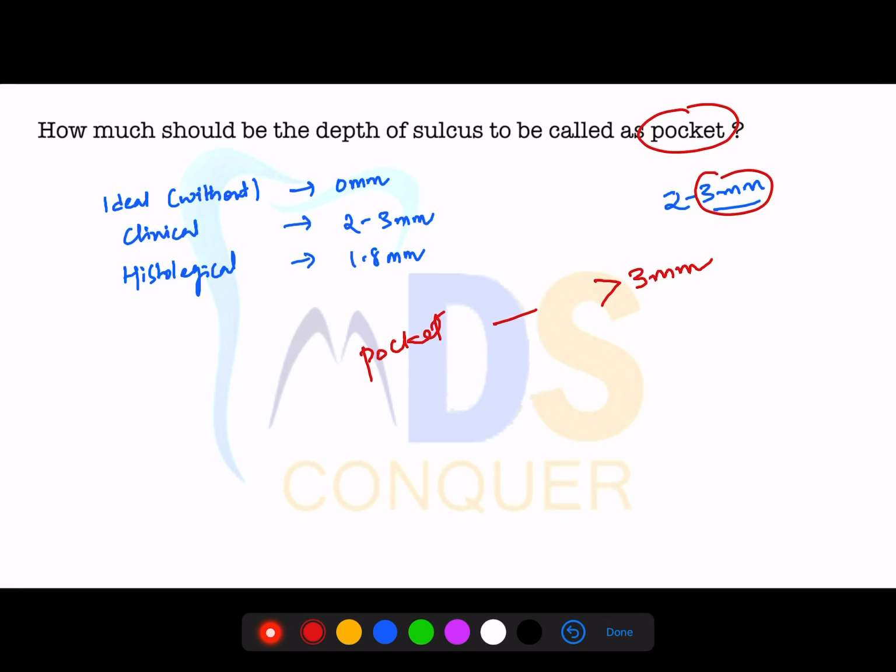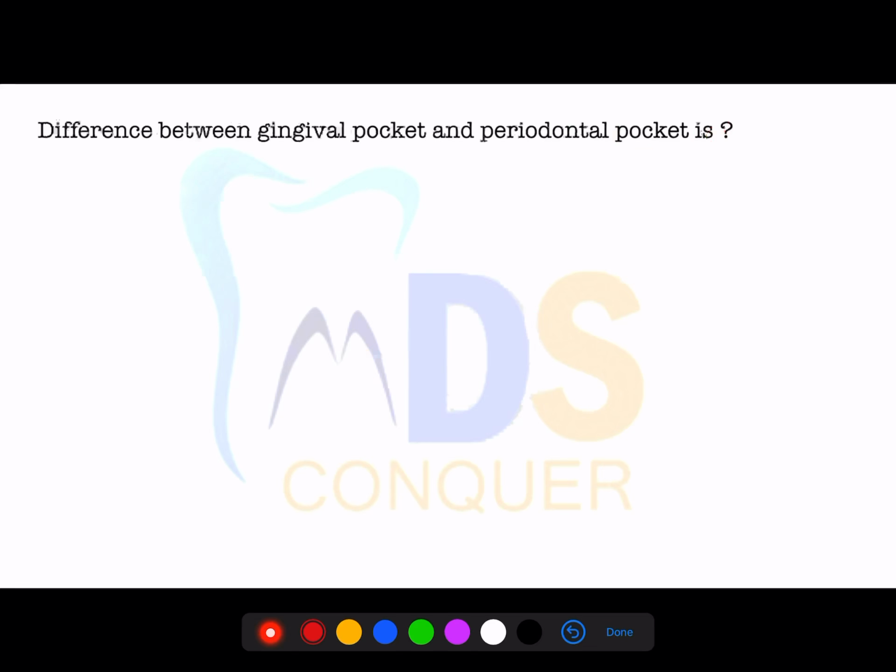The next question moves on to the difference between the gingival pocket and periodontal pocket. These are common terms which we regularly hear. There is something called a gingival pocket, also called a pseudo pocket, right?